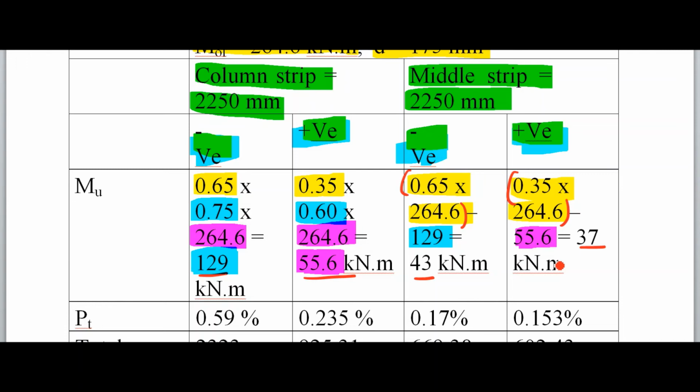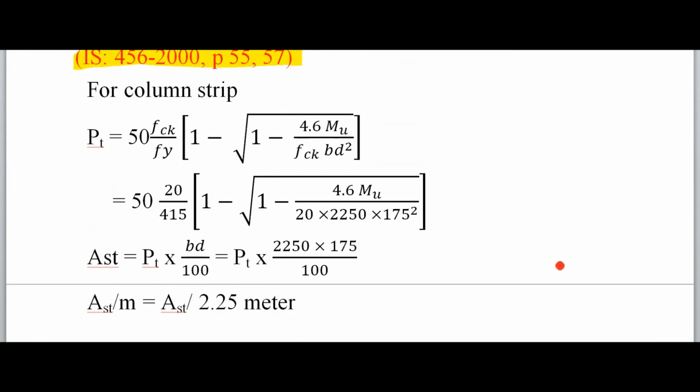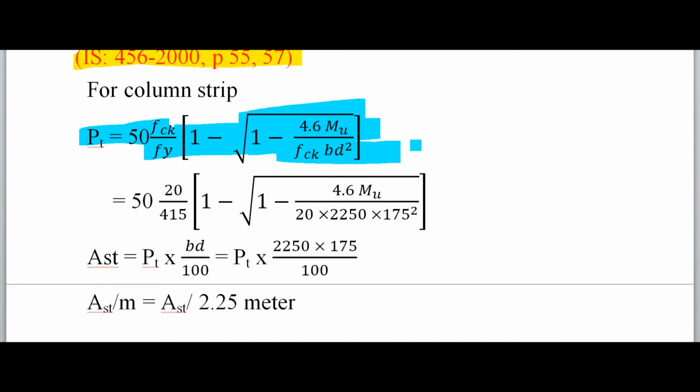After finding the moment, we have one equation to find PT: PT = 50 FCK/Fy × (1 − √(1 − 4.6 Mu/(FCK B D²))).